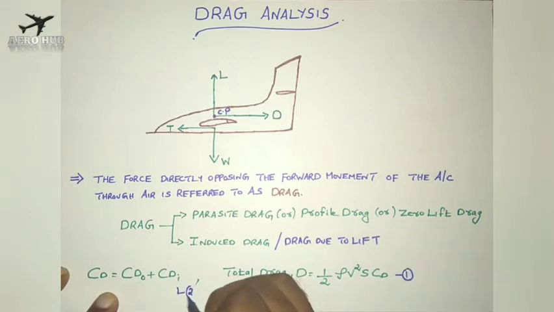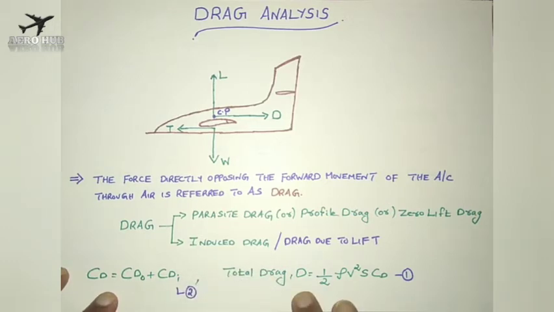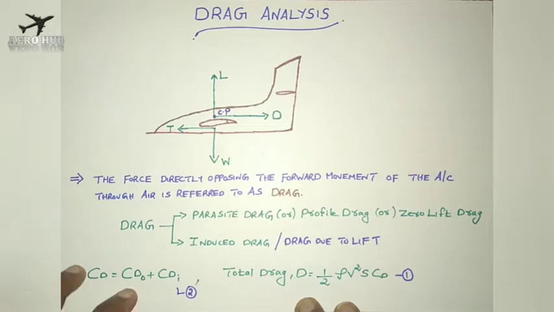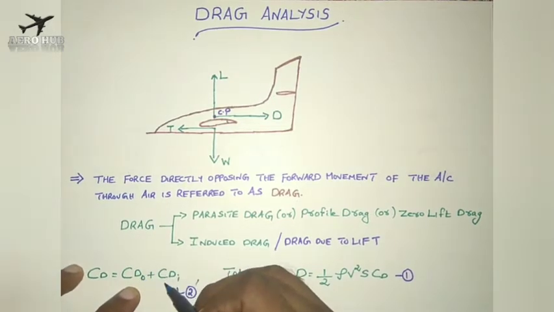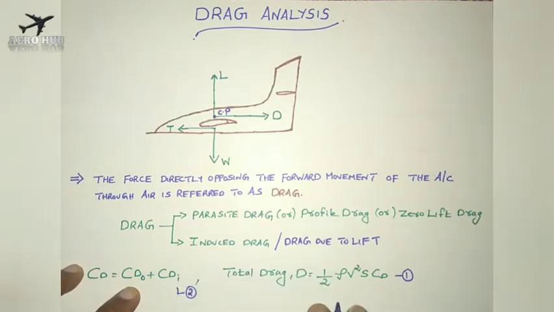You can see drag coefficient is equal to CD naught plus CDI, where CD naught is nothing but the coefficient of drag due to zero lift, and CDI is nothing but induced drag coefficient.